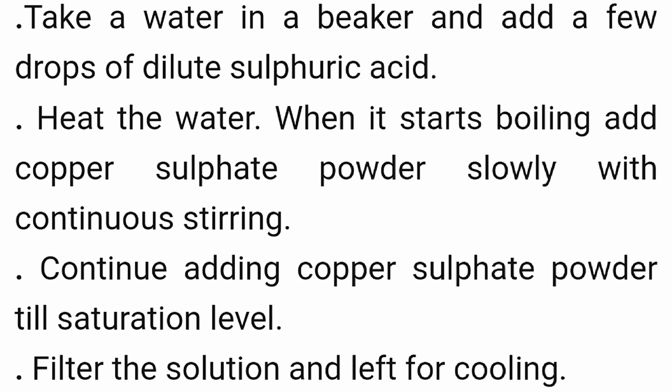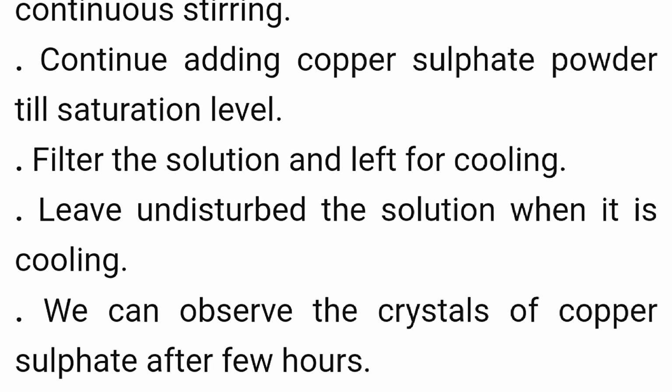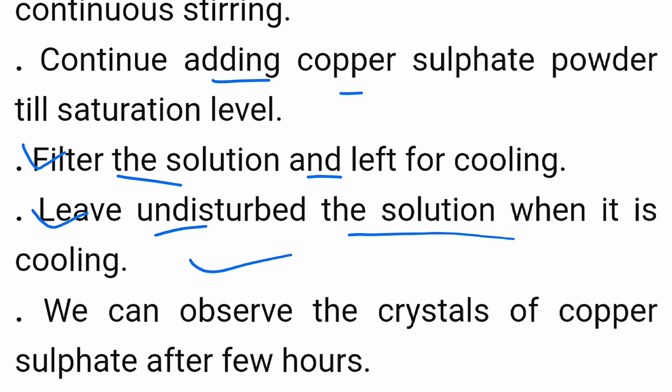When it starts boiling, add copper sulfate powder slowly with continuous stirring. Continue adding copper sulfate powder till the saturation level. Next, filter the solution and leave it for cooling. Leave the solution undisturbed while it is cooling. We can observe the crystals of copper sulfate after a few hours.